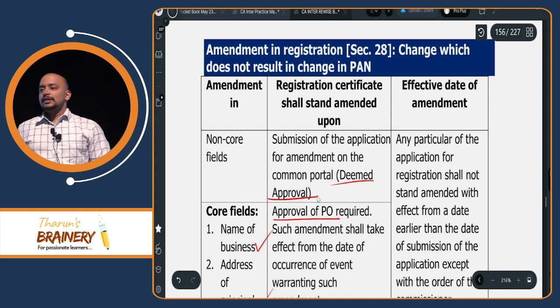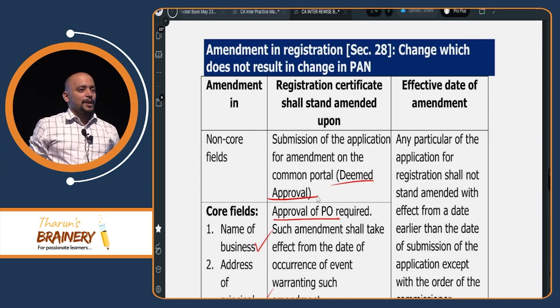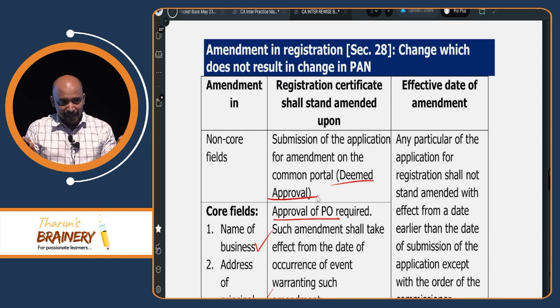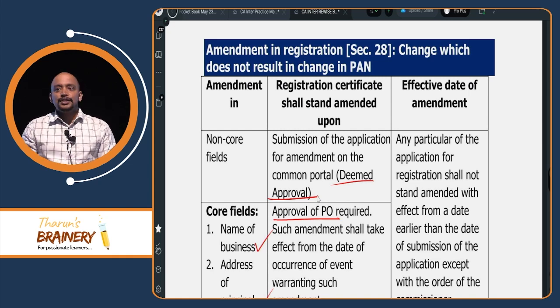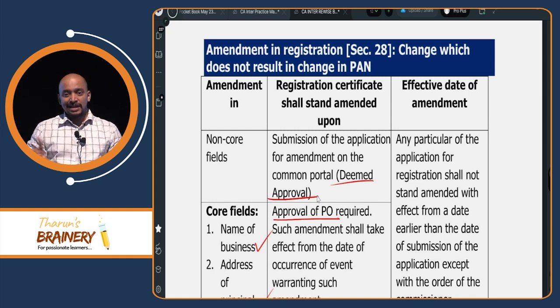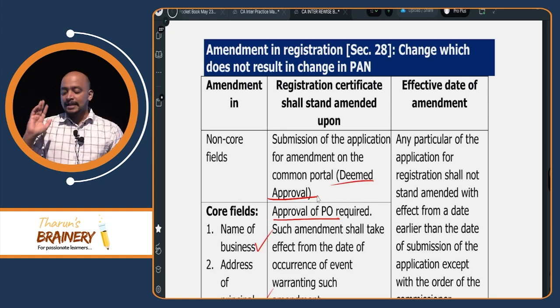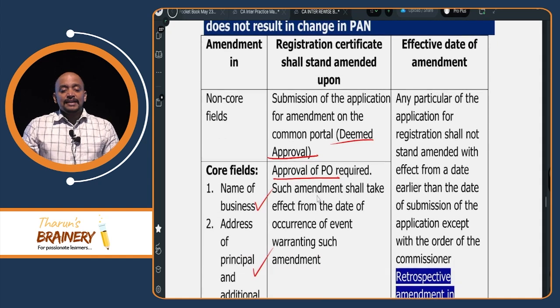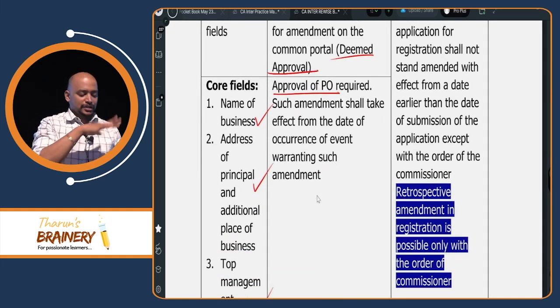You understood? So the moment you change it, it will be changed in the portal; these do not require proper officer approval. Understood? So now you need to remember what changes require proper officer approval. So 3 changes. What are they? Change in name, change in address, change in top management, that is change in managing director, change in karta, change in partners, etc.